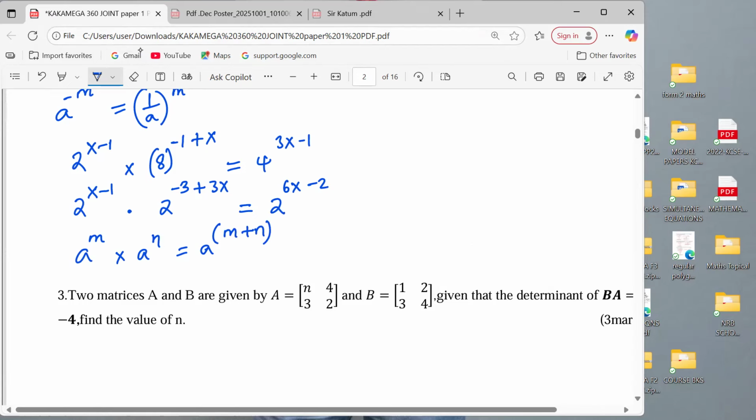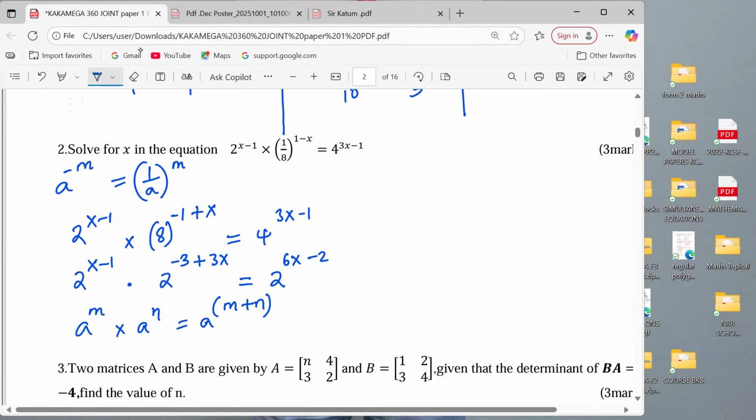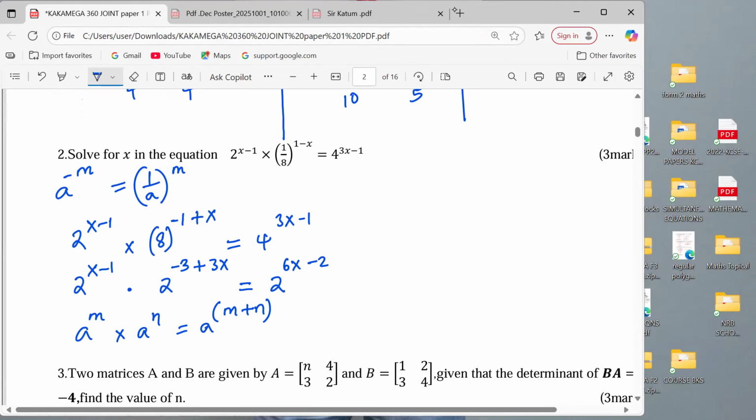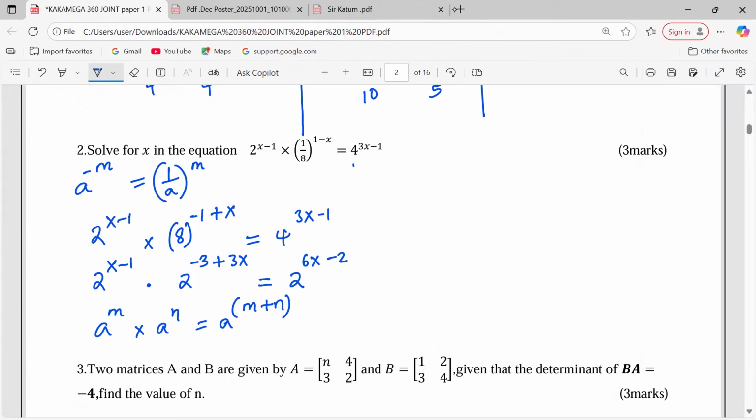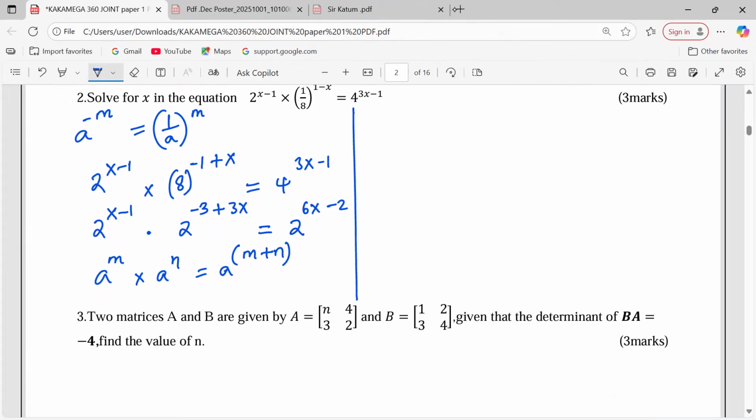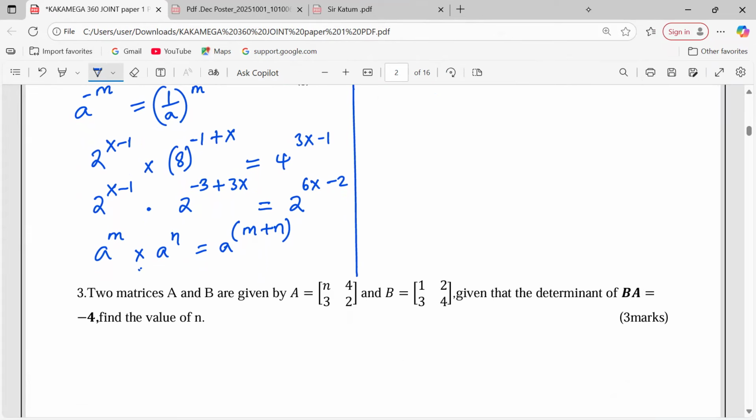With this now, we can combine a few things here. So we start with 2, then the power now, x minus 1. Then we add the others now. This is equal to 2, 6x minus 2.